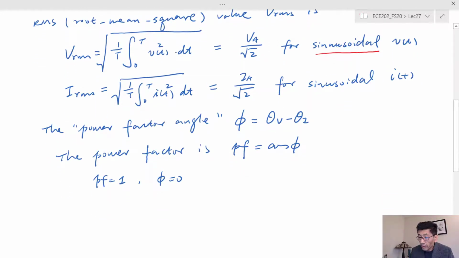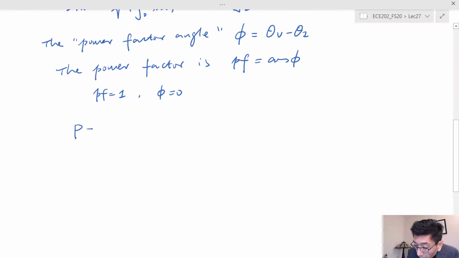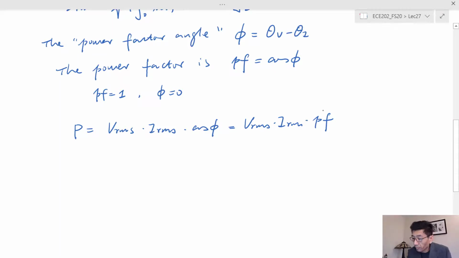If we define these, the real power P is going to be equal to V_RMS times I_RMS times cosine phi, or equal to V_RMS times I_RMS times the power factor, right? So things are now a little bit more compact, so we don't have to carry this one half anymore if we use the RMS values.